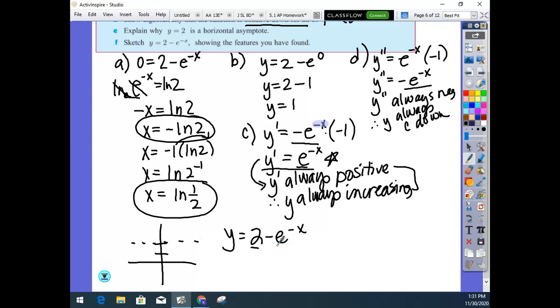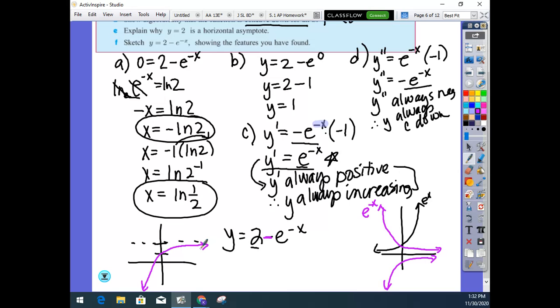So first of all, if we had e to the x, let me just do a quick little sketch over here. E to the x exponential graph like this. E to the negative x is flipped this way. That's exponential decay. And if it's a negative e to the negative x, that's flipped over this way, with my plus 2 being up 2. So it's going to look like that.